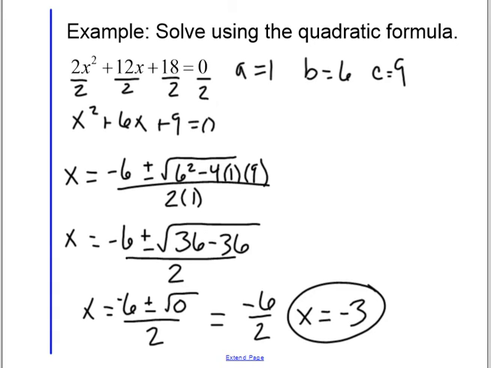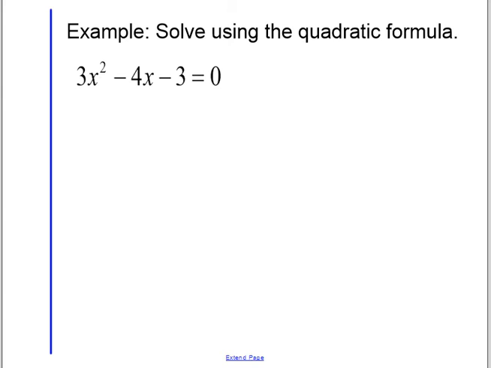In our last example of 3x squared minus 4x minus 3, our a is 3, our b is negative 4, and our c is equal to negative 3. Let's plug in these coefficients into the quadratic formula.